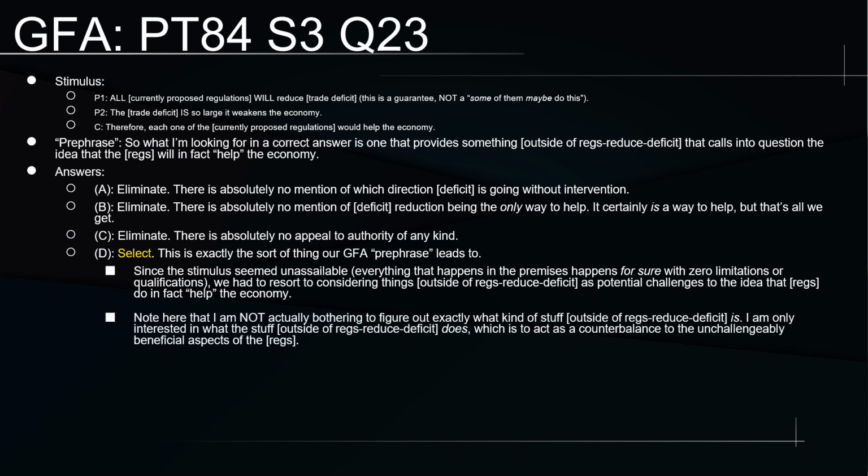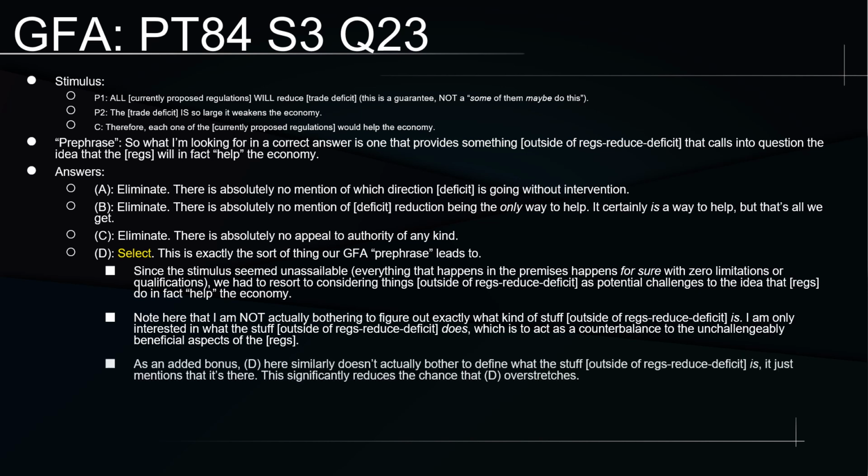Note here, very importantly, that I am not bothering to figure out exactly what kind of stuff that outside information is. I am only interested in what that outside information does, which is specifically to act as a counterbalance to the unchallengeably beneficial aspect of the regulations, which again is that regulations reduce deficit. That, as far as the premises tell, is going to act against the weakening effect of the trade deficit. So it is going to help.